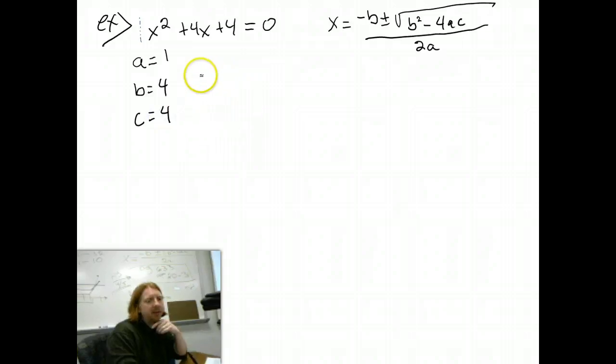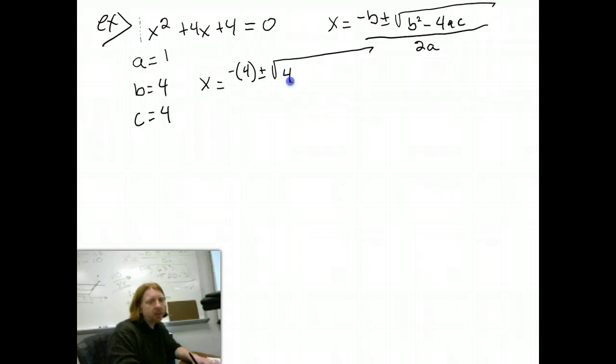All right, now let's plug these guys in. X is equal to negative b, which is 4, plus or minus square root of b squared, so 4 squared, minus 4, that's the 4 from the formula, a, 1, c, 4 again.